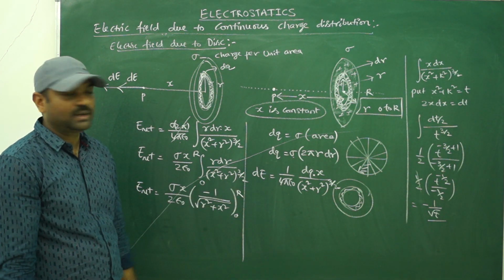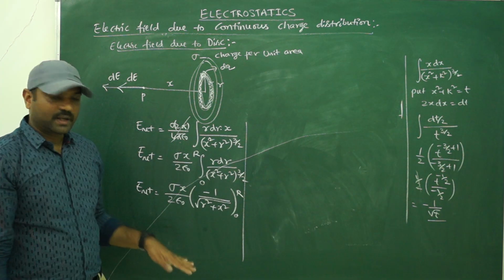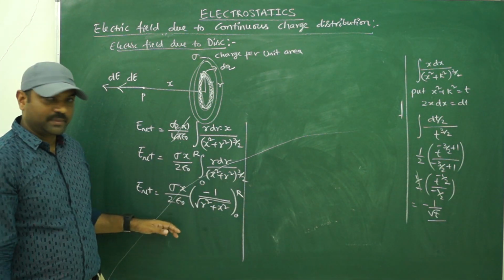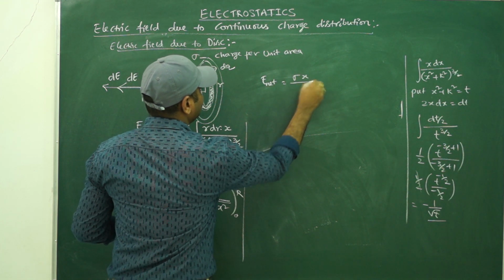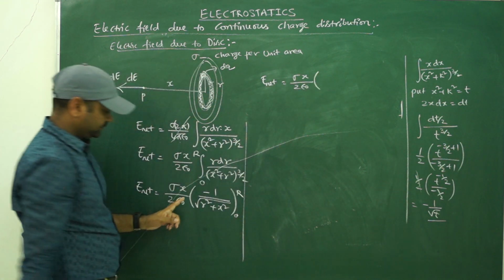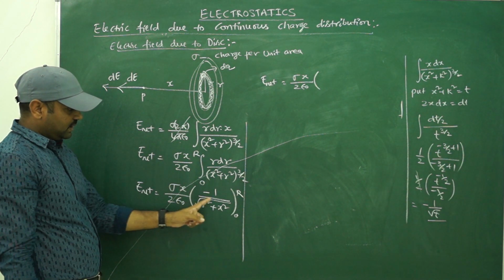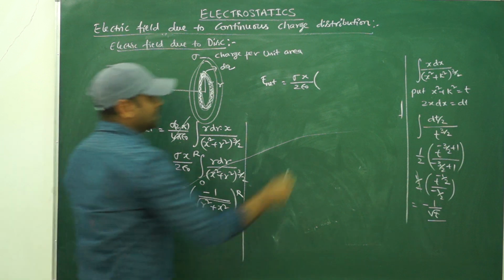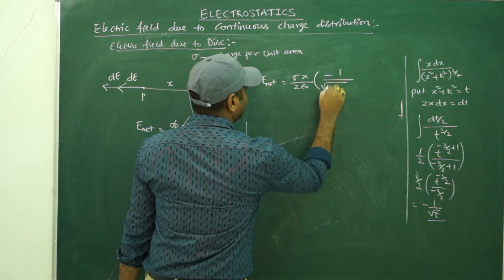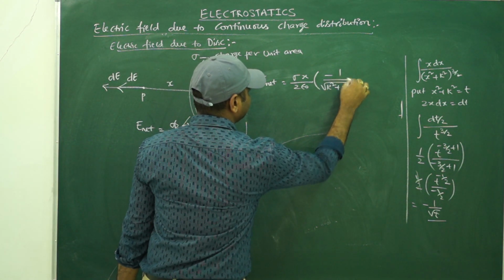If I apply the limits, I'll get the final form. So first I'm going to apply the limits. Then the net field value I can write down as sigma into x by 2 epsilon naught into the value I got. Now in the place of small r, I have to write down the upper limit R, then minus 1 by root of R square plus x square.